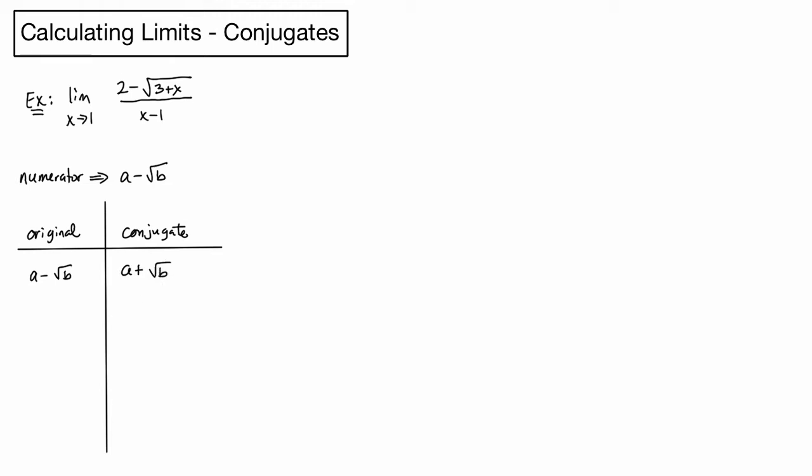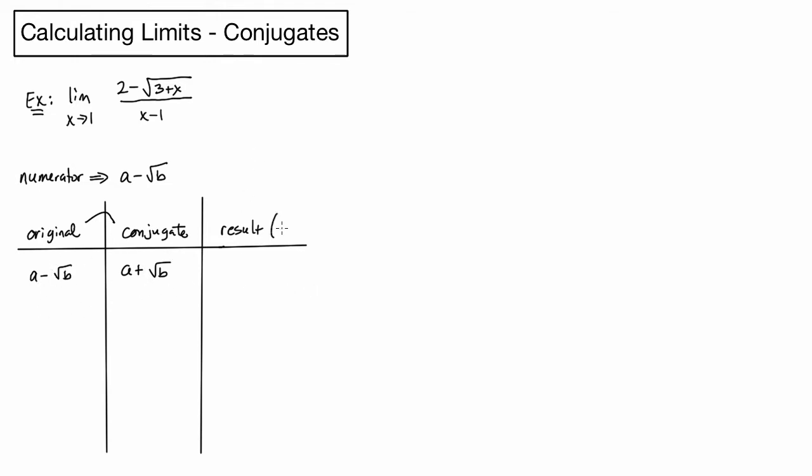Okay, so I need one more column to my table. The last column is the result upon multiplying these two. So if I take an expression and its conjugate and multiply them together, what is the result?